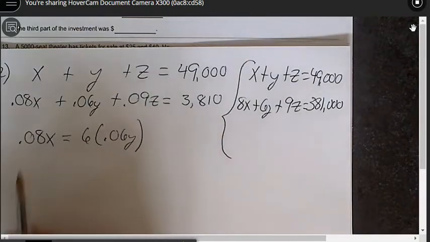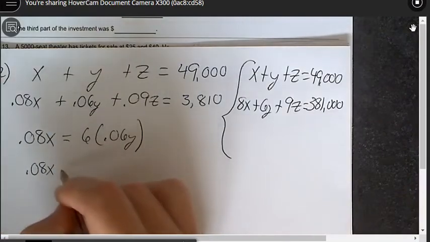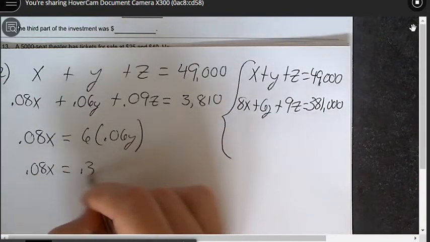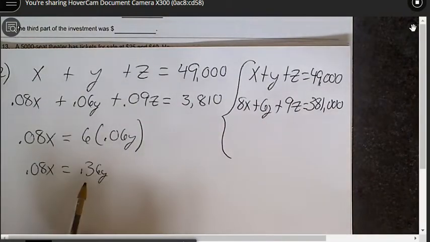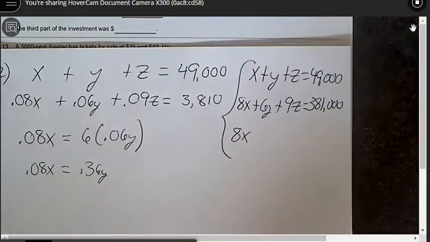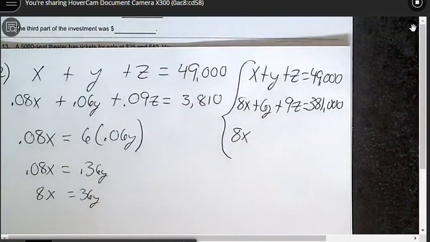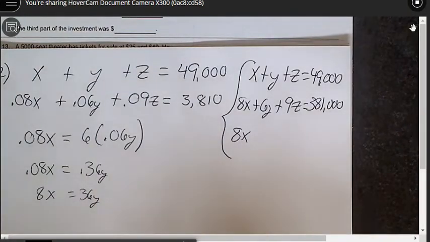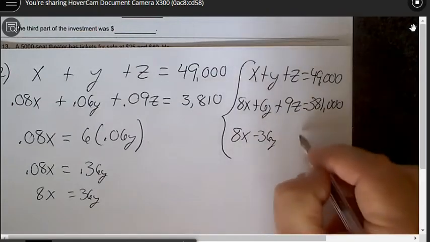And for this one, we're going to do a couple of things. If you go ahead and multiply this out, this will be 0.08x equals 0.36y. But we don't like decimals, so same thing, let's multiply by 100 here. That's 8x equals 36y. But just to keep everything kind of lined up, we'll move this 36 over here and have that equal to 0.